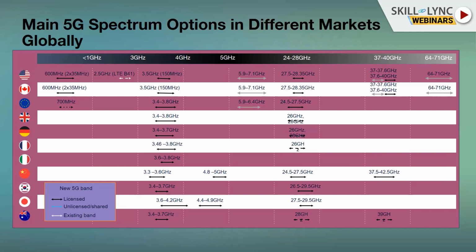The main spectrum options globally for 5G in the early phase are at 3.3 to 4.9 gigahertz, and millimeter waves from 24 to 28 gigahertz, from 37 to 40 gigahertz, and 64 to 71 gigahertz.